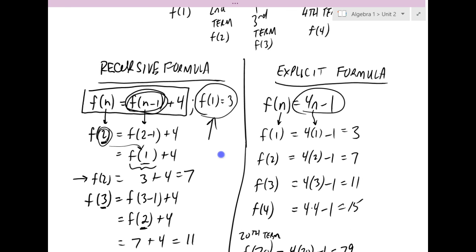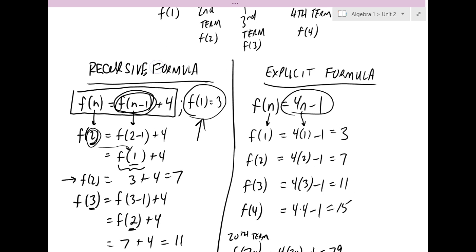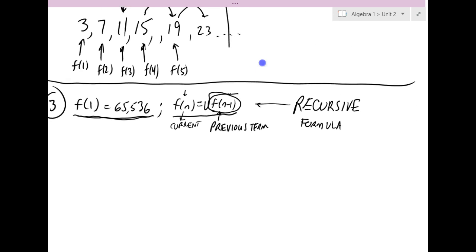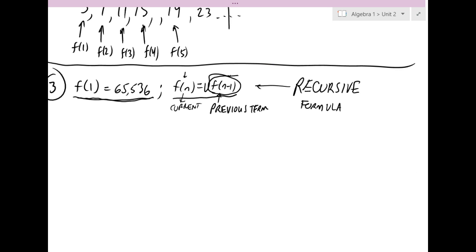Look at the previous example that we did. On the explicit formula there's only an f on the left. On the right side, it was just 4n minus 1. There was no f there because we weren't referencing another term. So explicit formulas only have an f on the left side, whereas a recursive formula is going to have an f on both sides because we're building one term from another term.